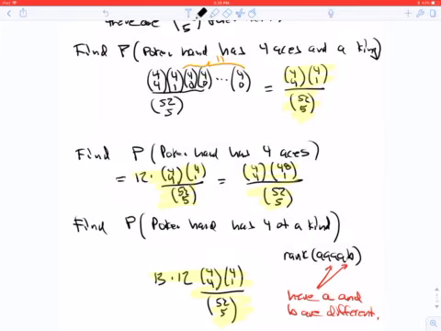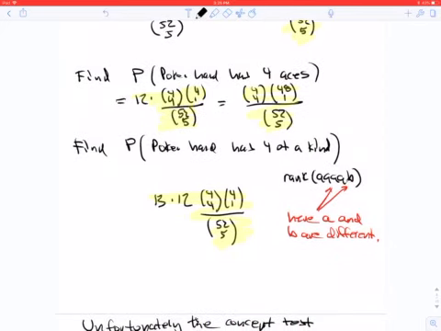So I have to multiply my answer above by 12. If I want to find the probability that my poker hand is 4 of a kind, in other words, has ranks A, B, where here A and B are different, then I have 13 choices for A and 12 choices for B.